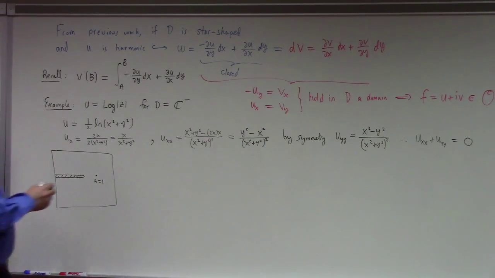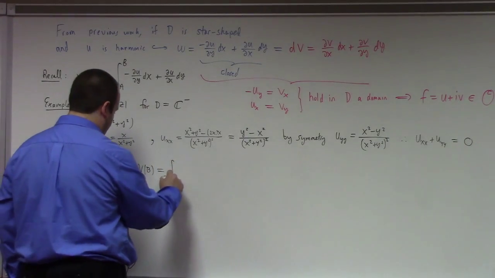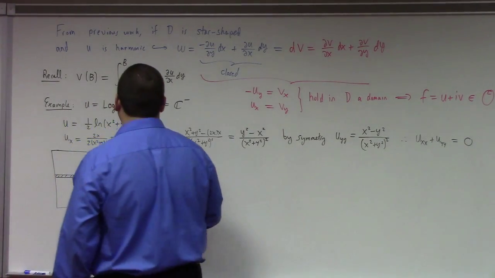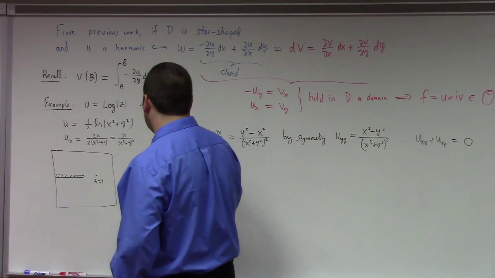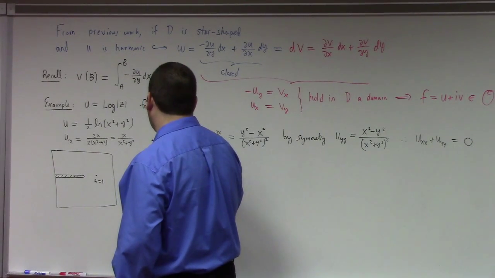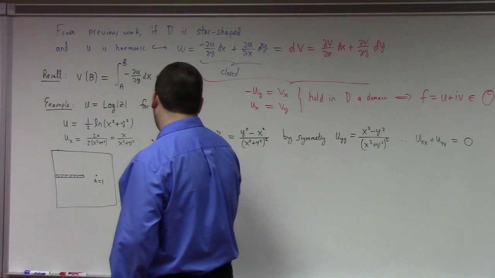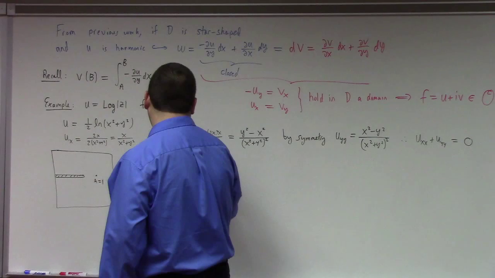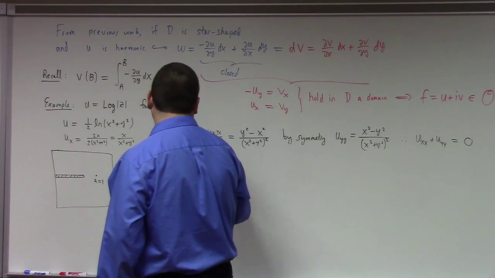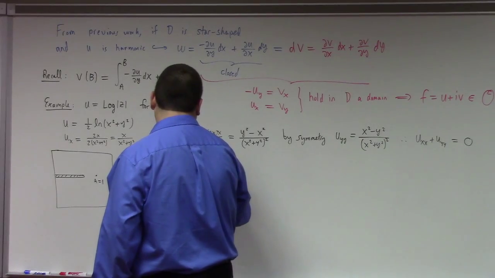I need to calculate v of b, which would be the integral from 1 to b of partial u, partial x dy minus partial u, partial y dx, or vice versa. So I've got minus y dx plus x dy, all over x squared plus y squared, right?